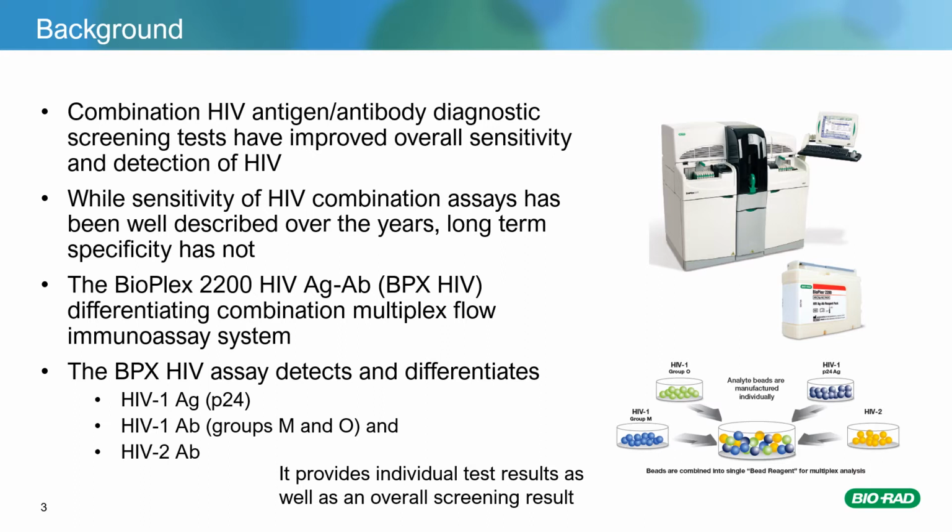This discussion will examine the specificity of the BioPlex HIV differentiating combination assay that was introduced in the U.S. in 2016. The BioPlex HIV assay detects and differentiates HIV-1 antigen, P24, HIV-1 antibody, both groups M and O, and HIV-2 antibody, providing individual test results as well as an overall screening result.